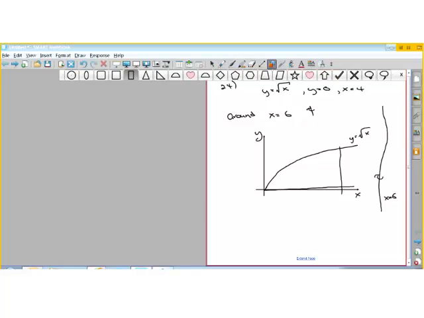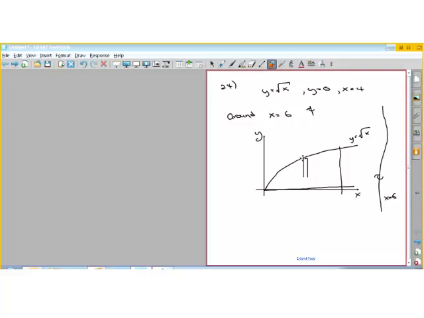So let's go ahead and put our rectangle in here. Our radius is going to be the distance from x equals 6 to here. And the distance from here to here is x. So notice we are integrating with respect to x. And so this distance here is x.